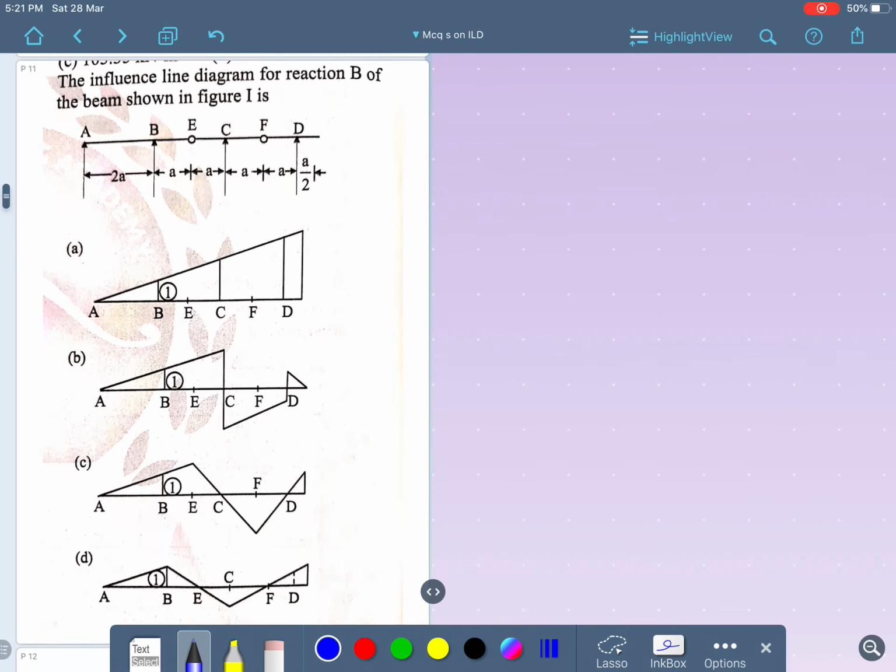Yes. This is a very important question: the influence line diagram for reaction B. At reaction B, we need to draw the influence line diagram as shown in the figure. So what I am going to do is write the structure here.